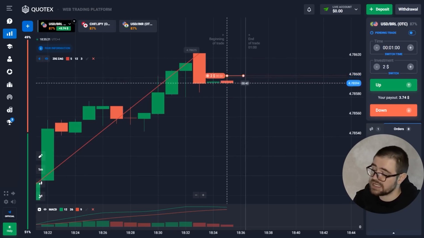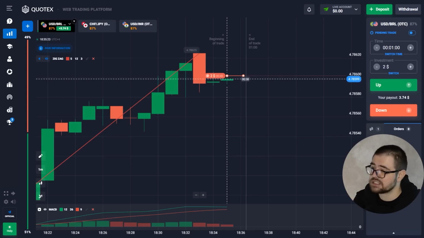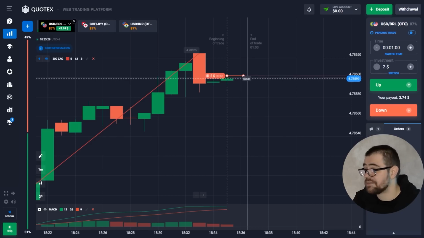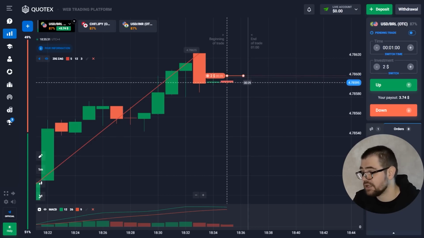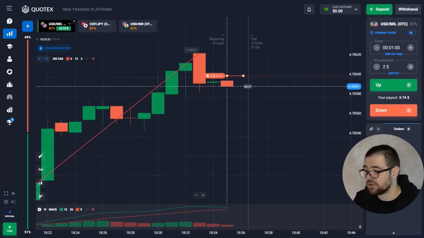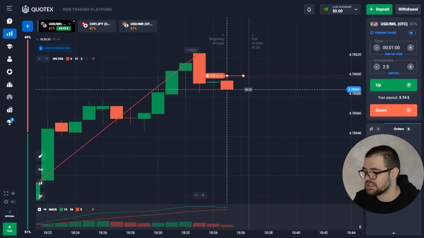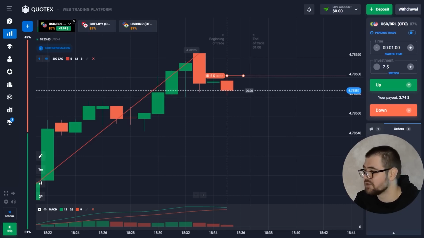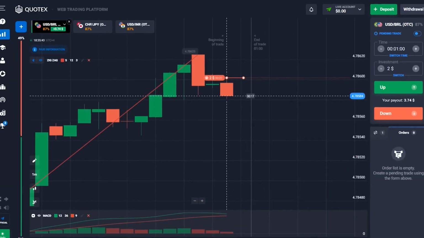So that's when the price is starting to loosen up and kind of just starts to go down. Okay, and then the MACD is also showing there, almost crossing this. So in the next minute it's gonna probably cross the slower line, and there it's getting close to it. So let's wait for the result.